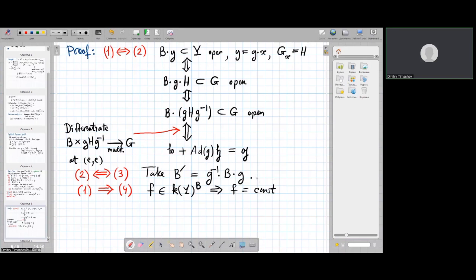And this means that any two open subsets intersect. So if F is defined on some open subset, and if it is B invariant, it has to be defined on the open orbit, and it has to be constant on this open orbit because it is invariant. And therefore, it is constant also on the closure.